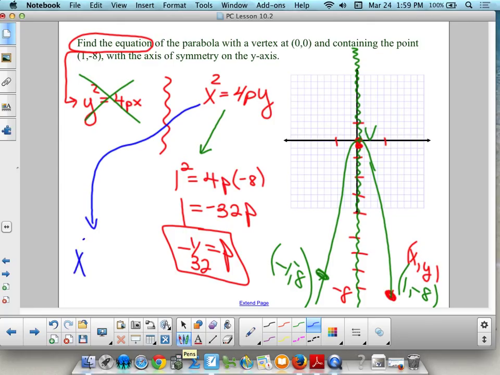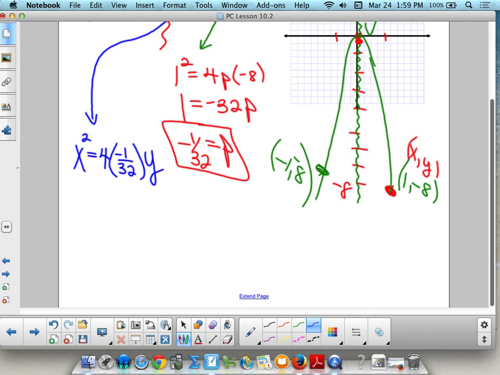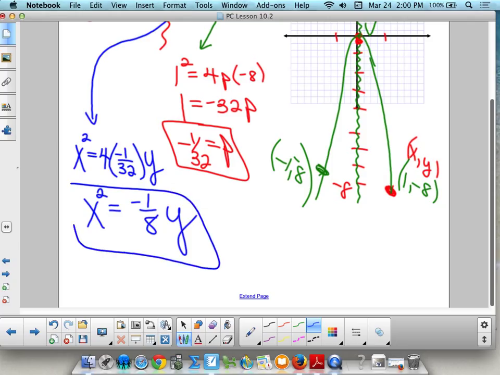X squared equals 4 times the p value times y. What's that number in front of y? Negative 1/8. Okay. There it is. That is the equation to that skinny, skinny parabola pointing down. Right here.